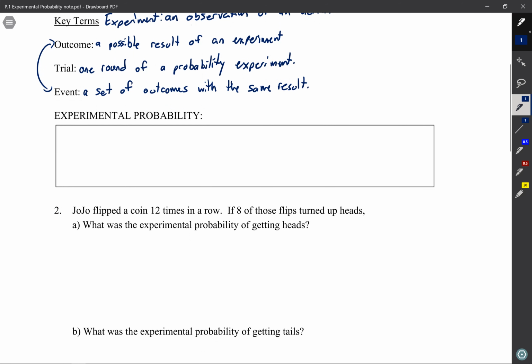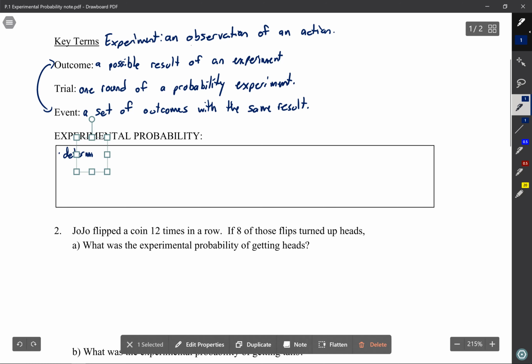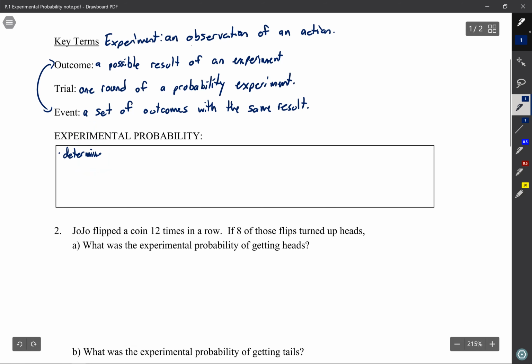Experimental probability, as I said before, is different from theoretical probability. It's determined by the results of an experiment.